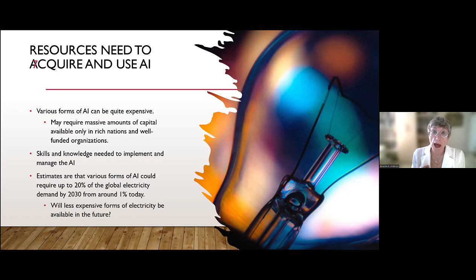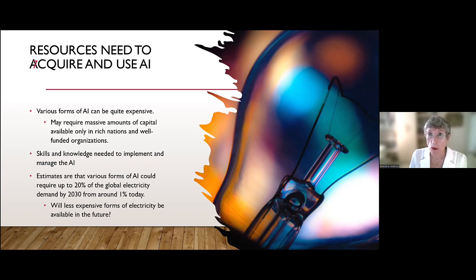The estimates are that today, AI uses about 1% of the total demand for electricity in the world. But estimates are that as we continue to increase our usage of AI, that may require up to 20% of the total demand for electricity worldwide. Stop and think about that. I don't think the electric grid can support that.